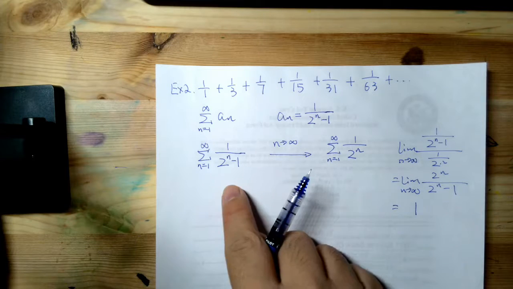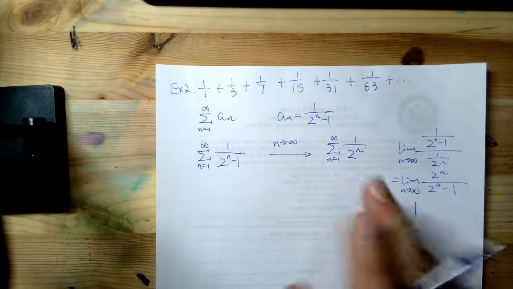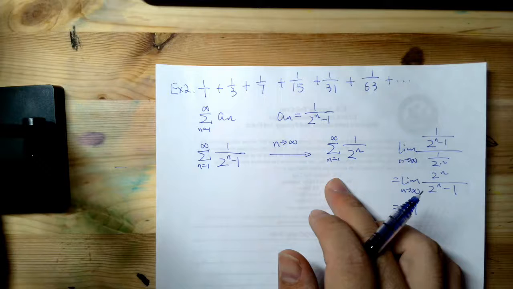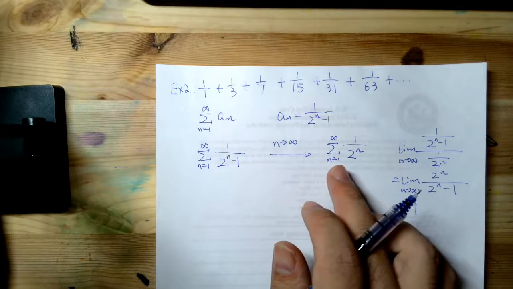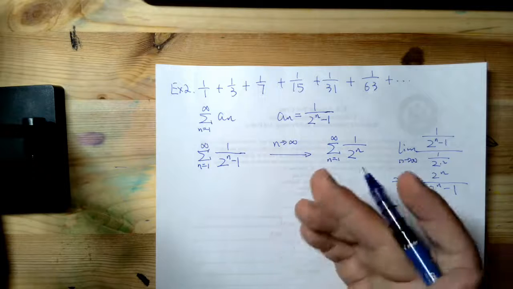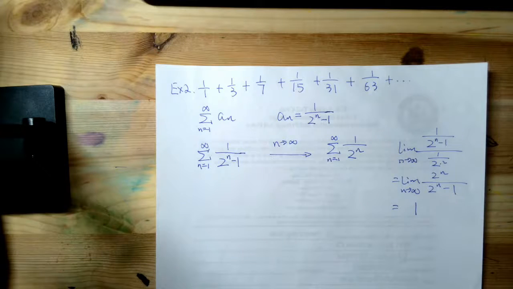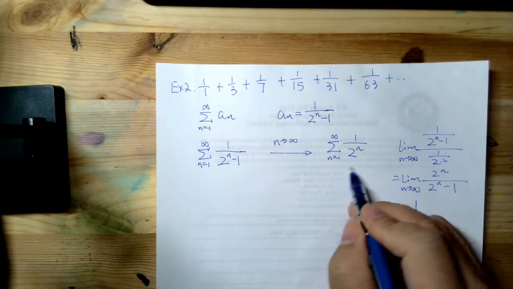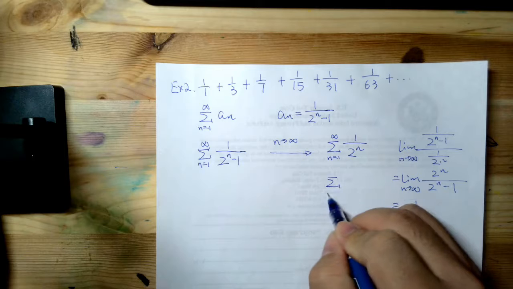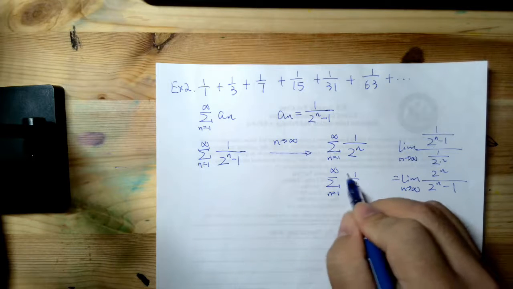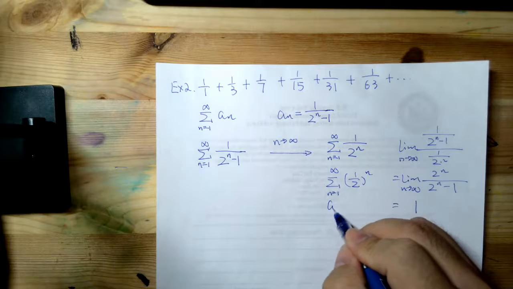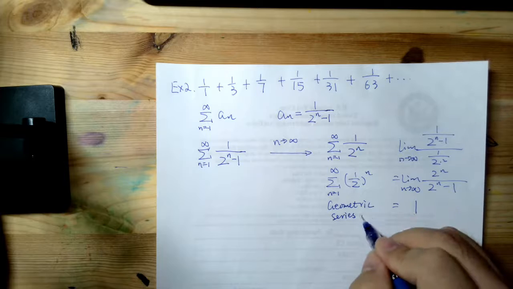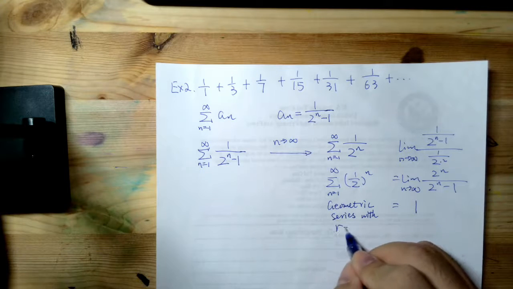And I know that both of them are positive. So based on the limit comparison test, both series either converge or diverge. And we actually know this series very well, because if I write a little bit more here, you will realize that this is a geometric series with common ratio r equals 1 over 2.